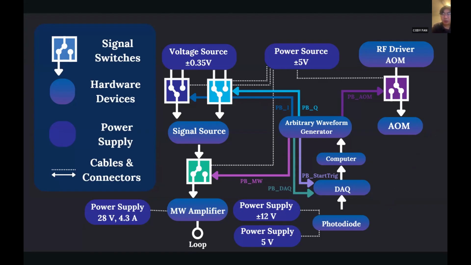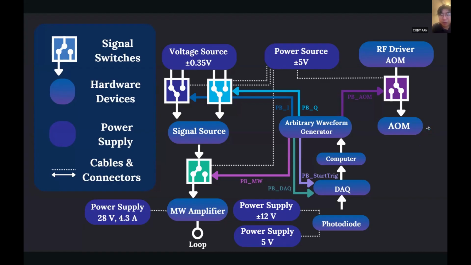And then there's also an acousto-optic modulator, and that makes sure that you get your signal at the correct frequency. You can think of it as a local oscillator. So you mix the signal from the AWG, the arbitrary waveform generator, and the AOM.